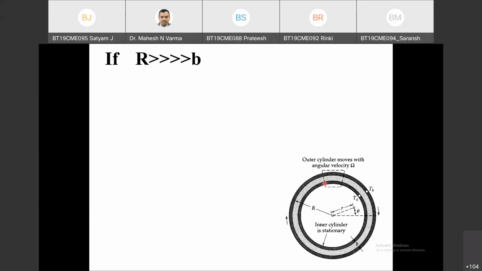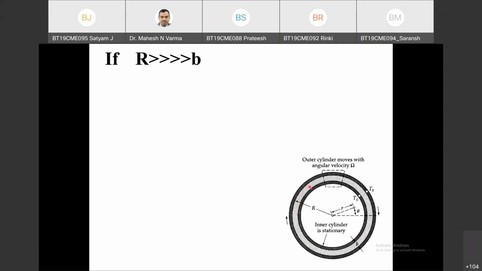These radii are very close, and the space is given between these two metal parts just to avoid metal to metal contact. To avoid direct touch, a viscous fluid is placed between them so that it will move properly. So generally this distance B is very small.